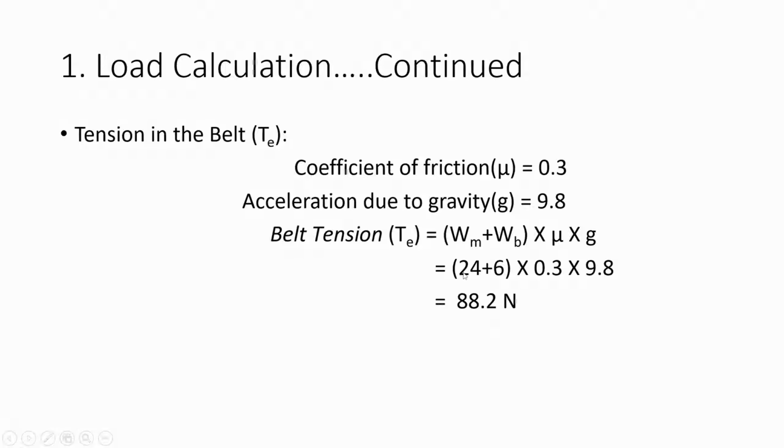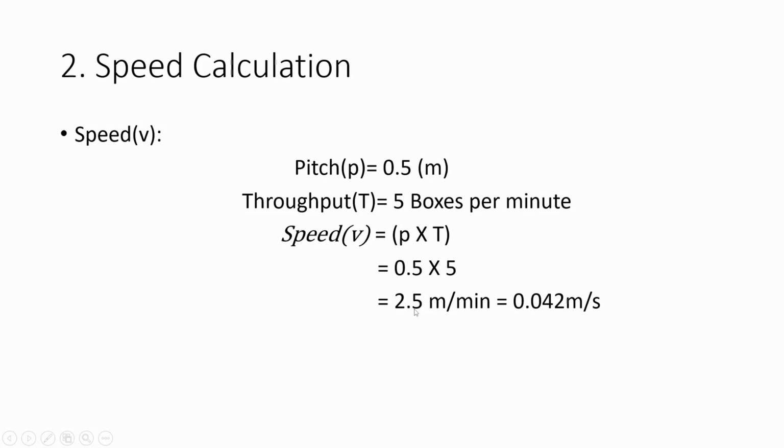Wm is the weight of the material on the belt, and Wb is the weight of the belt itself, and by multiplying these numbers we get 88.2 Newton. So this is the tension that the motor needs to cover while transferring the power.